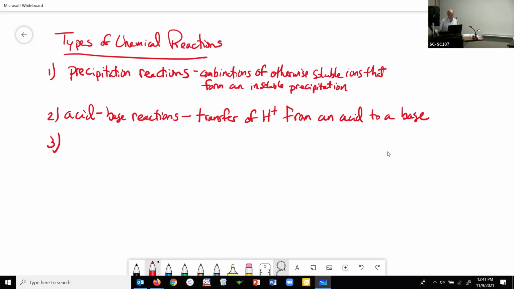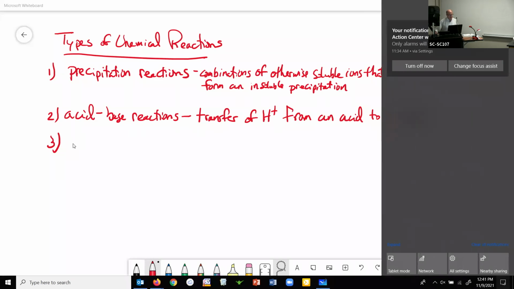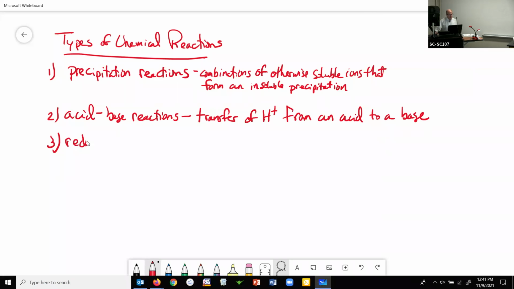The third type of reaction, and arguably the most challenging, what we refer to as reduction oxidation reactions. These involve the transfer of the fundamental unit of negative charge, an electron.